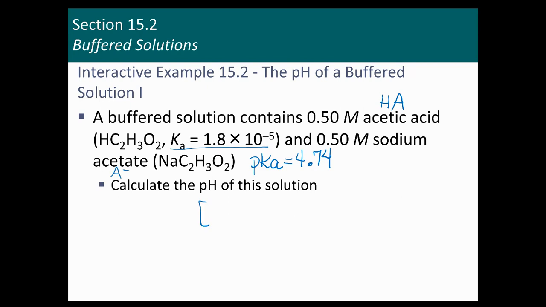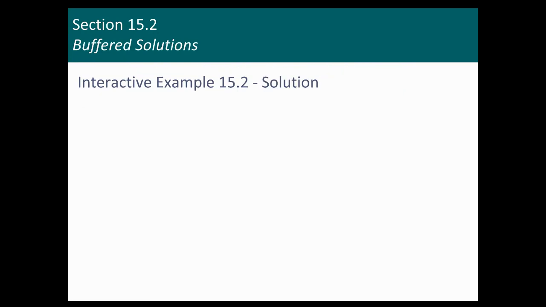So let's go ahead and highlight that right now. Okay, and now we want to know what's the pH. So we're going to set up our typical ICE table. So this is going back to what you've been practicing so much of.